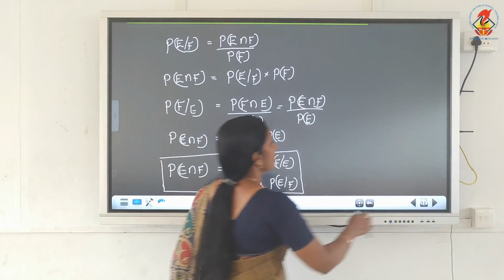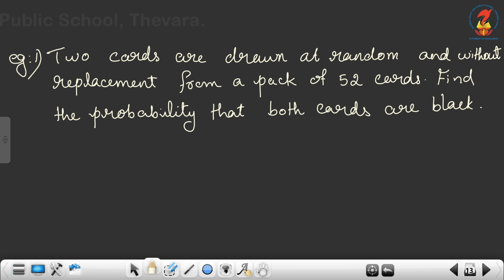Then some examples. Two cards are drawn at random and without replacement from a pack of 52 cards.